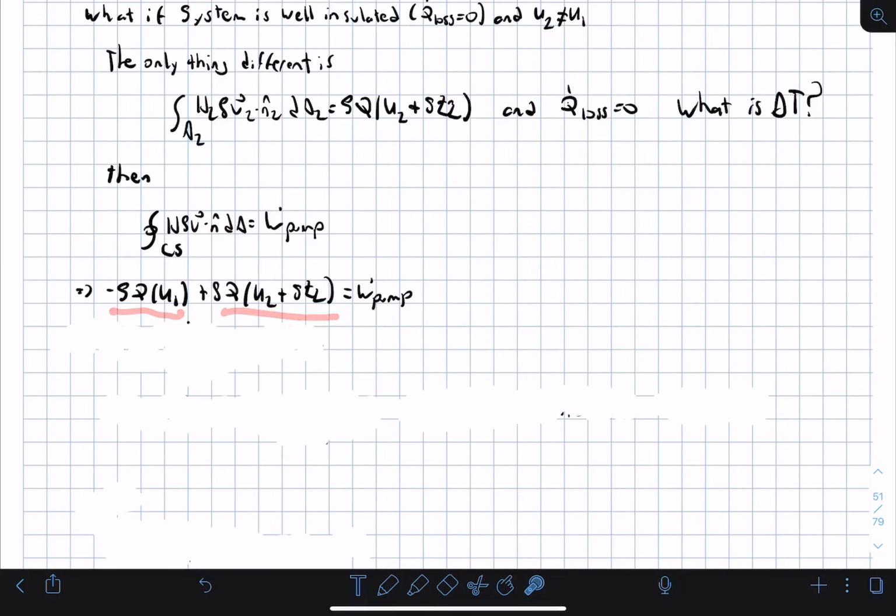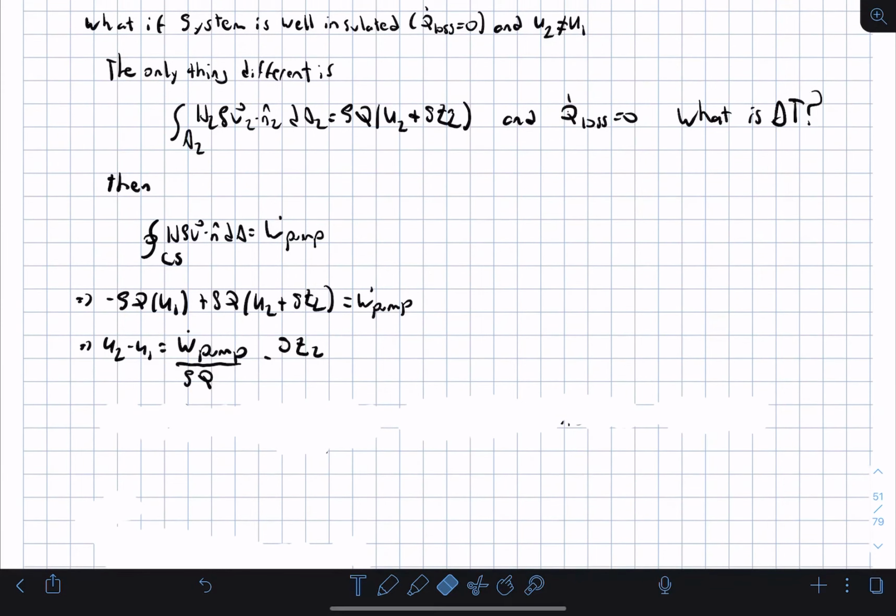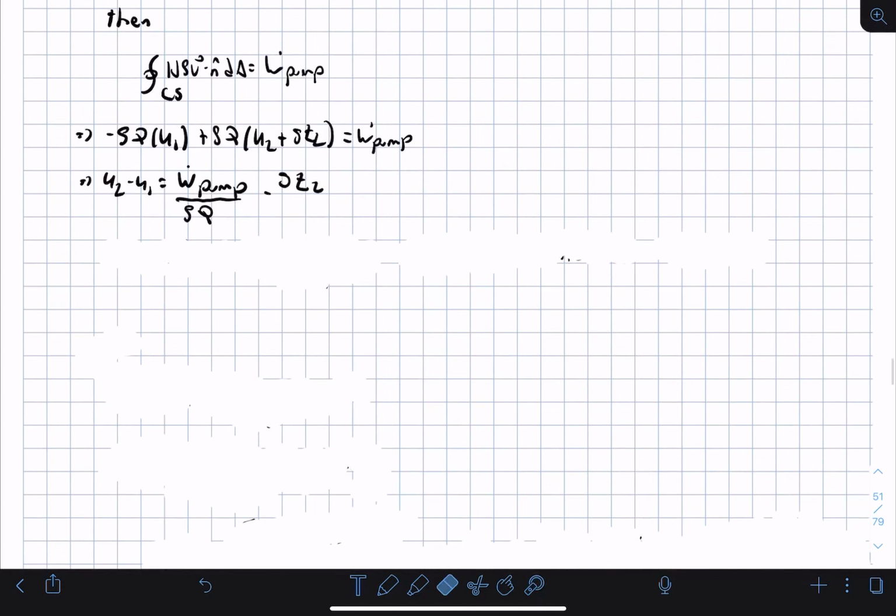I mentioned the difference for the integral over A2, and you substitute those in and solve for U2 minus U1. That implies U2 minus U1 is equal to the pumping work going in divided by the mass flow rate, minus gZ2.